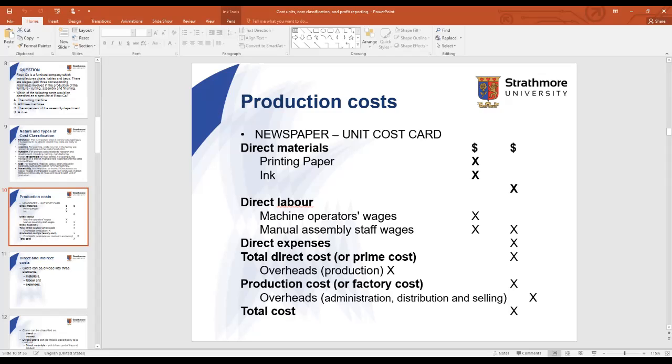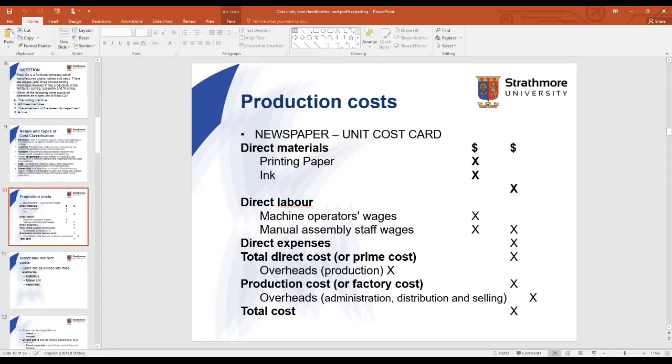Then labor: the staff involved in making that newspaper, those operating the machine itself, and those who put the newspapers in containers are part and parcel of the direct labor.